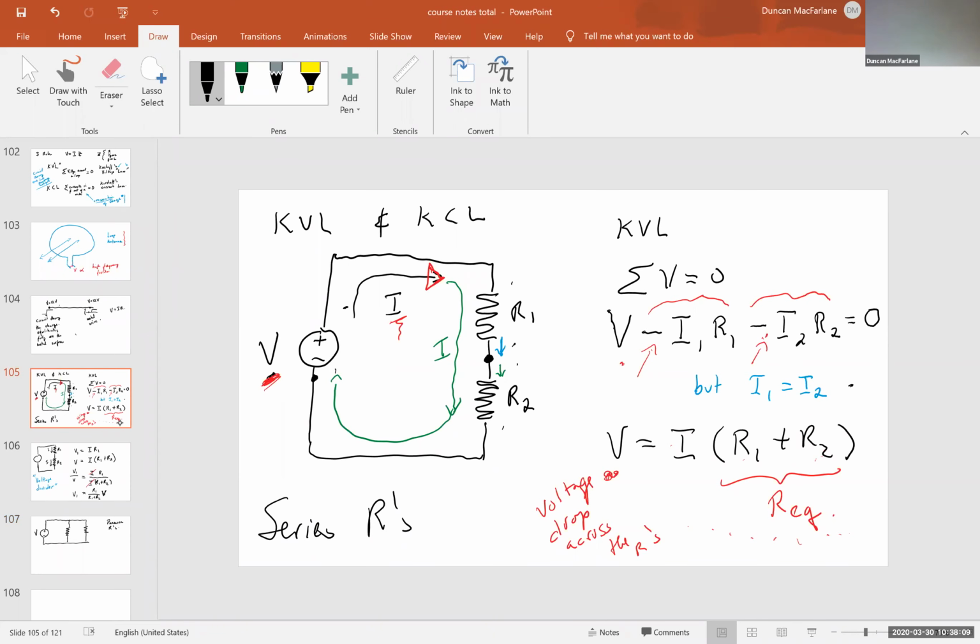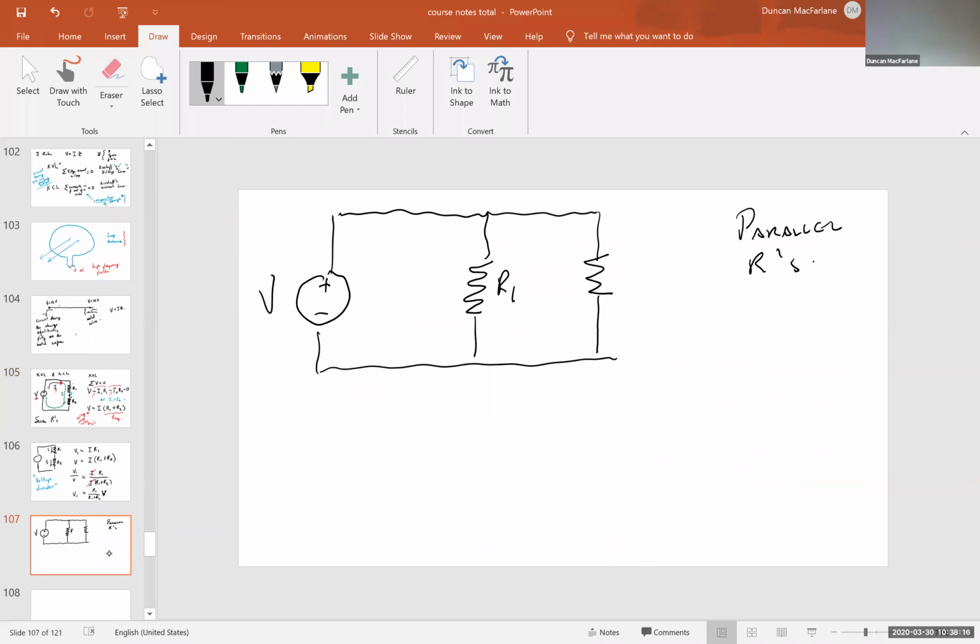So those are two resistors in series, and those same two resistors in parallel. And now I've got some interesting nodes where I can use Kirchhoff's current law in a little bit more interesting way.